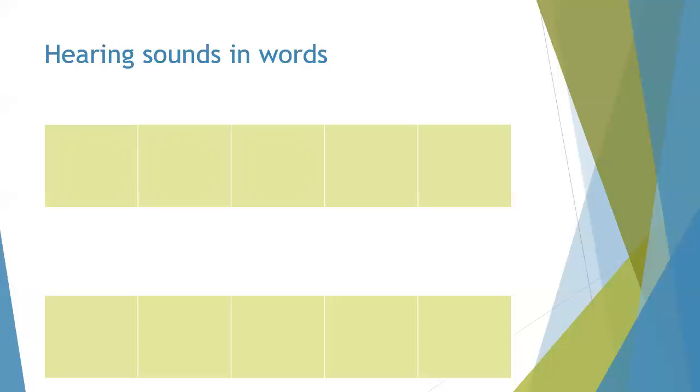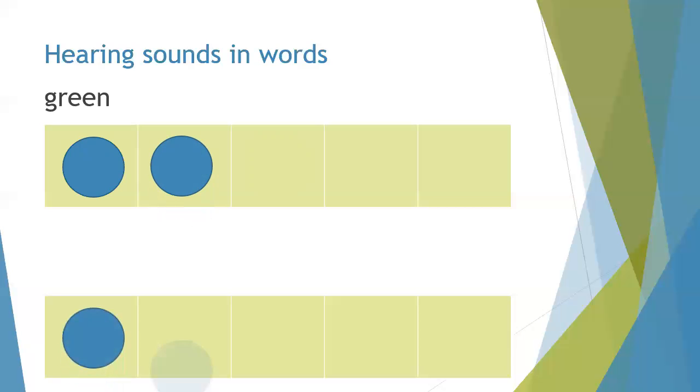Let's have a look. The first sound or phoneme we hear in that word is g. It's actually part of a consonant blend or consonant cluster, so we run them together quickly when we speak. So g, r, gr, 2 phonemes, a consonant cluster or consonant blend. Gr, e.